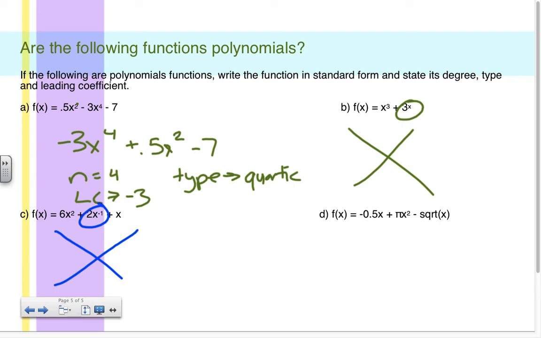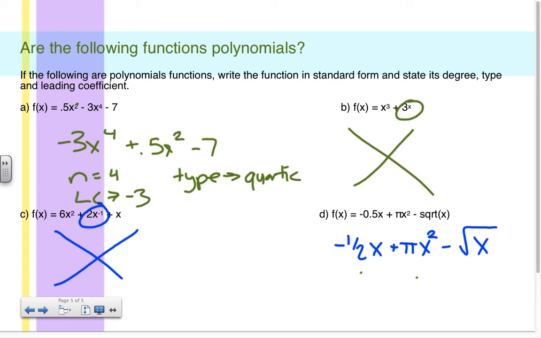Now, if I look at this last one, what this is really saying is I have negative 1/2 x plus pi times x squared minus the square root of x. It looks pretty good here because pi really is a real number, so that wouldn't restrict us at all.